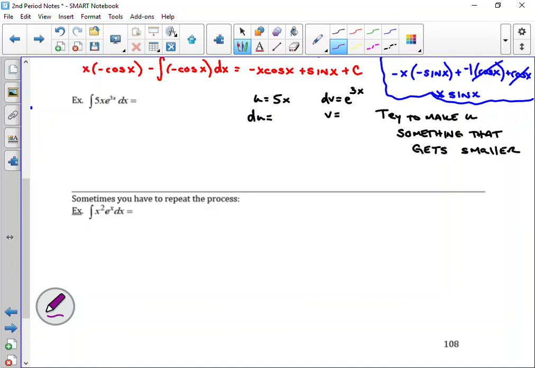Because if it was 5x and x squared, both of them reduce, but you could just multiply them together. You get to integration by parts when you have a function that doesn't reduce, like a transcendental function, is what it's called. And transcendental functions are exponentials, logs, sines, trig functions.